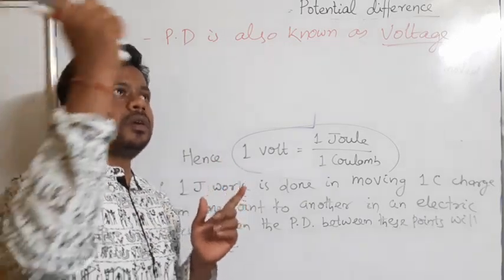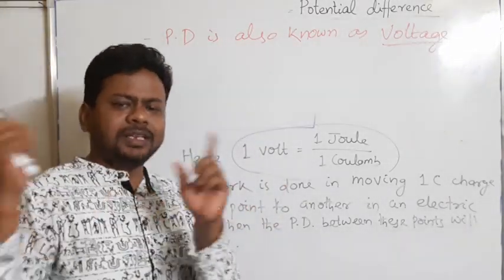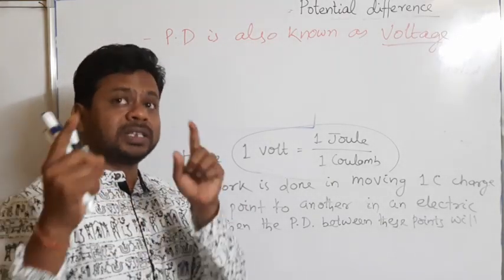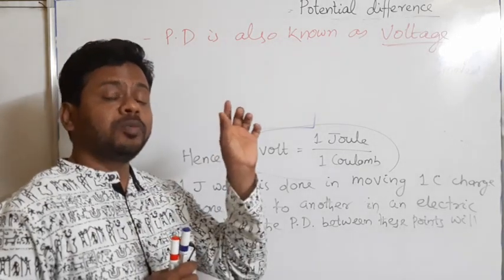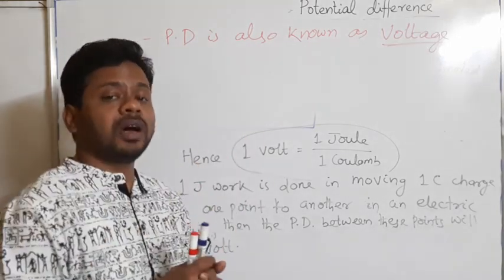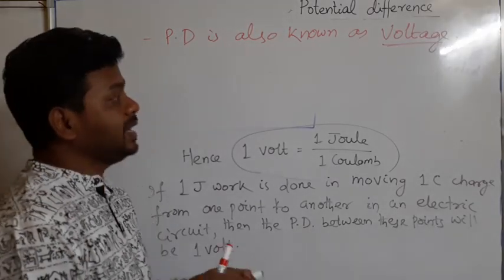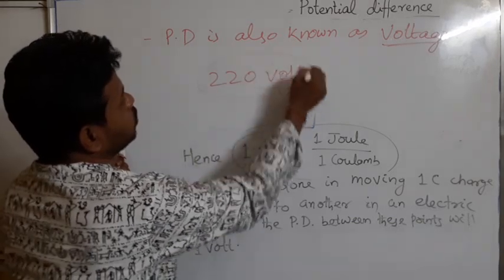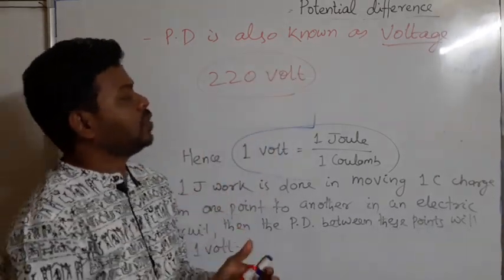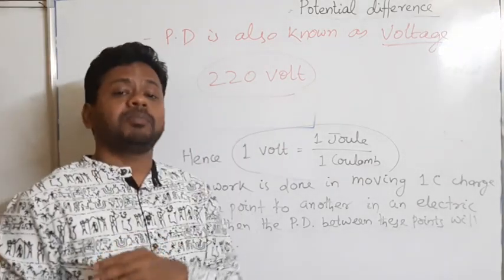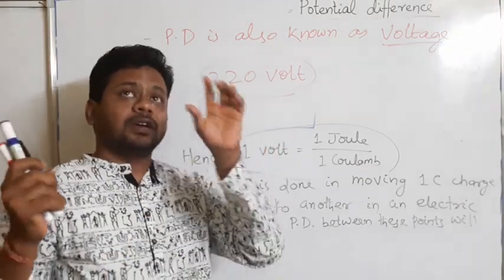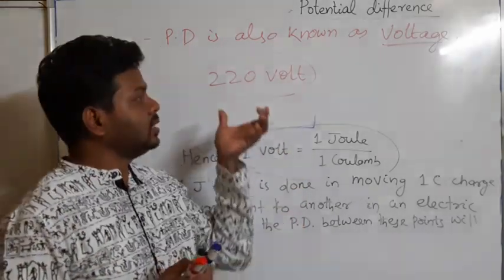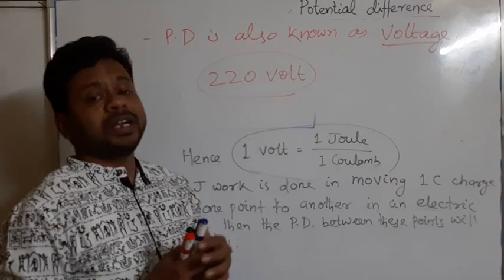In your house there is also a circuit. The potential difference between any two points in the electric circuit of your house is 220 volt. Remember students, 220 volt potential difference is maintained by the power department, and all the electrical instruments in our house work with the potential difference of 220 volt.